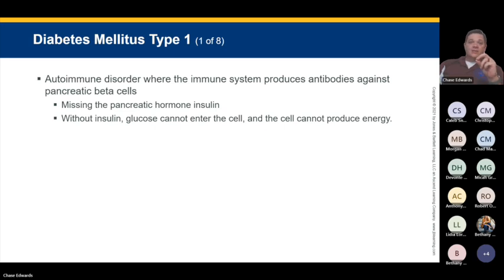All right, so it produces antibodies against the pancreatic beta cells, like we said. Beta cells produce the pancreatic hormone insulin, and glucose cannot enter the cell without insulin. So if we don't have that, then glucose can't enter the cell.